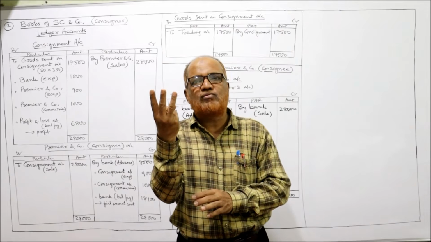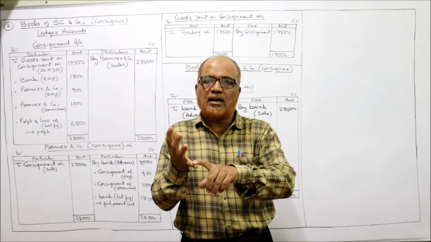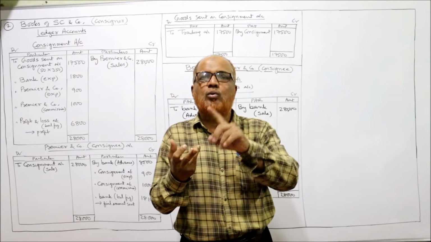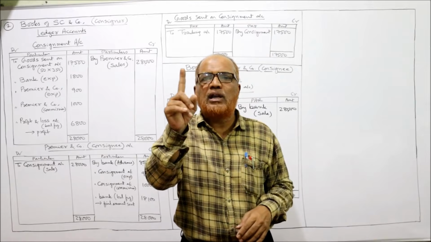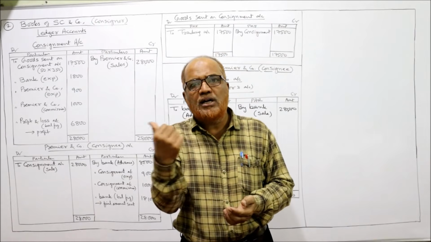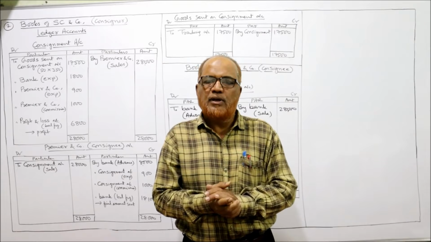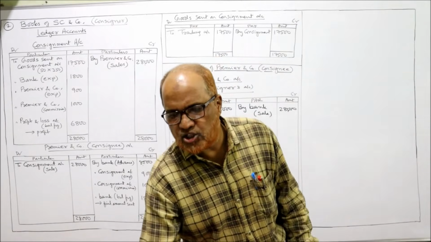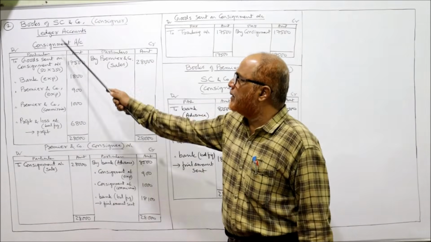Only three accounts will come in the books of the consignor: consignment account, consignee's account and goods sent on consignment account. And the consignee will open only one account, the consignor's account. That's it. So this is the problem. First of all, I am going to make the ledger accounts in the books of the consignor. Who is the consignor? SC and Company.